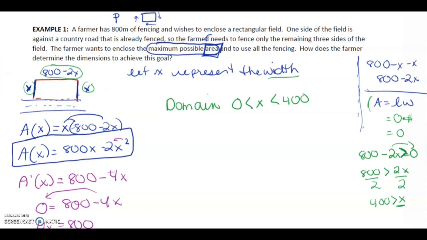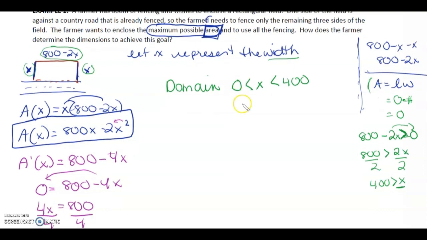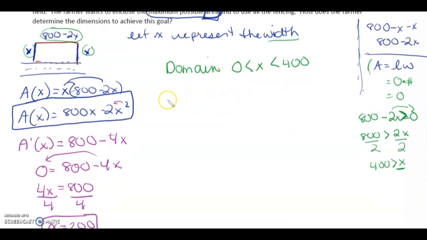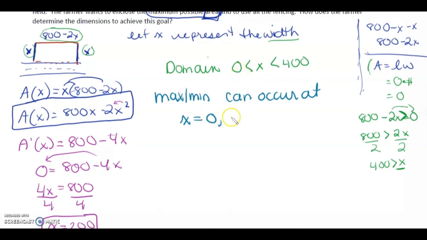Okay, so now we have three possible max or min values. We need to test. So let's go. We can say max or min can occur at x equals potentially 0, the endpoint, 200, when we have a horizontal tangent, or 400, the other endpoint.